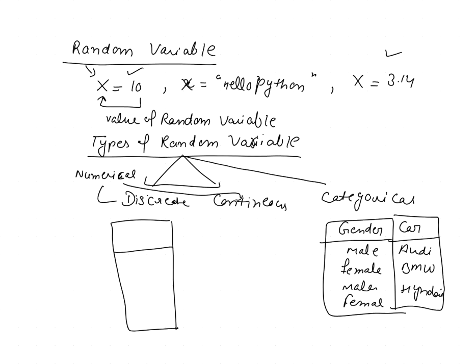Let's take an example of age. Okay. So you are considering the age like 10, 20, 30, 40. You're measuring the age of each student in your class, right? So this is going to be a whole number, right? We cannot say it here 10.5, 20.5, right? It is going to be only whole numbers.